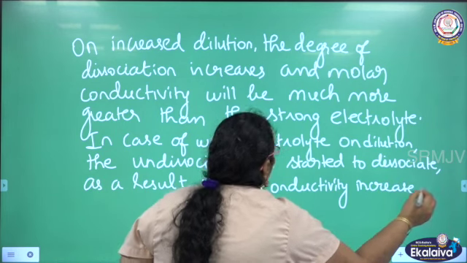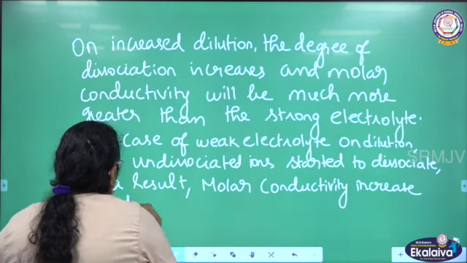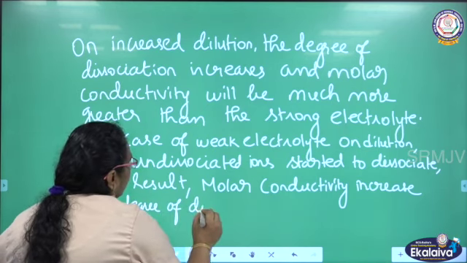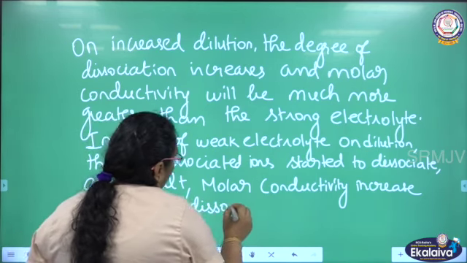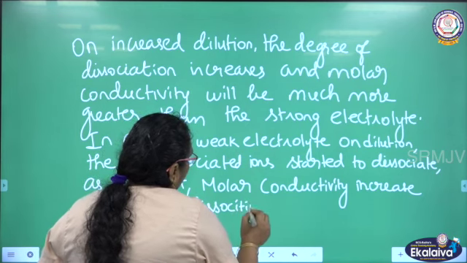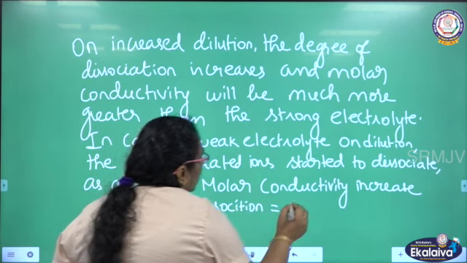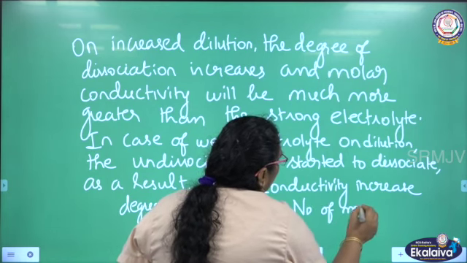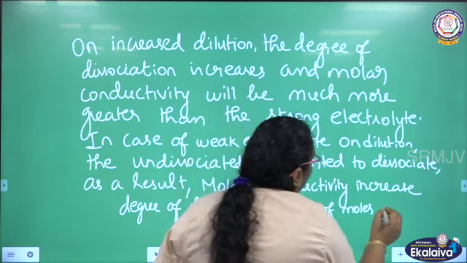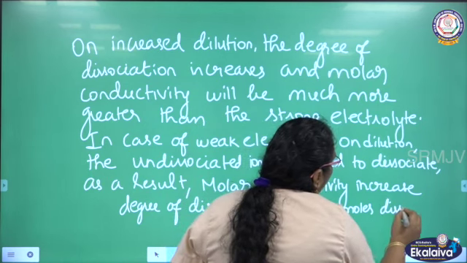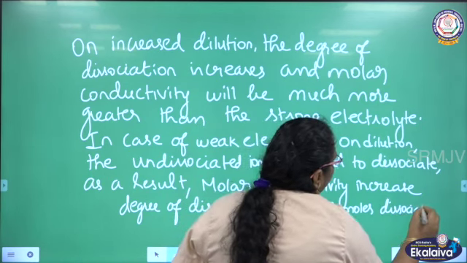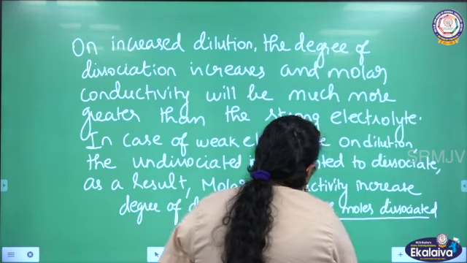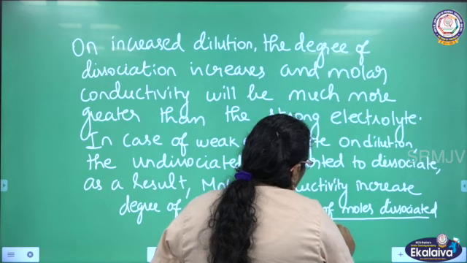What is the degree of dissociation? Degree of dissociation is equal to the number of moles dissociated divided by the total number of moles.